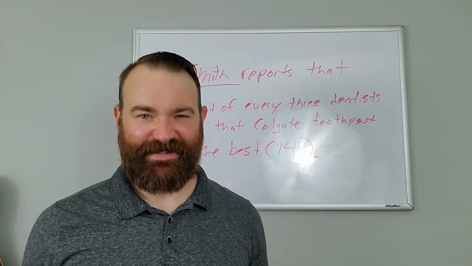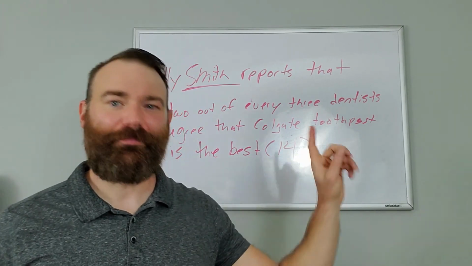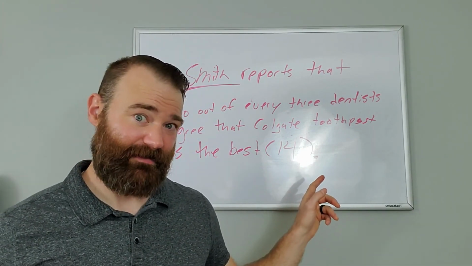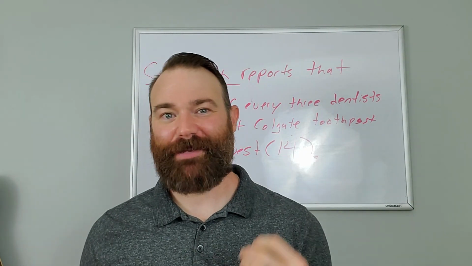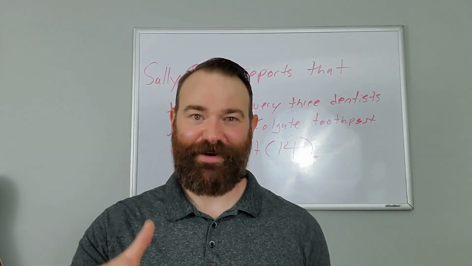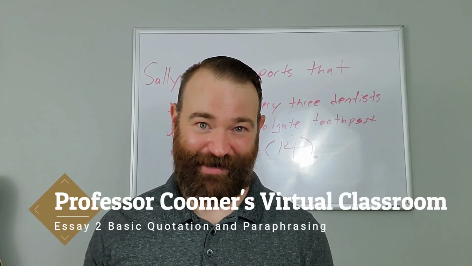So there are some instances where it's not going to be just so easy. But in Essay 2, it probably will just be this easy. Okay? So those are two big things I want you to understand about quotations and paraphrasing. For everything else, take a look at the handbook or the future videos I'm going to make. All right, go ahead and get started.